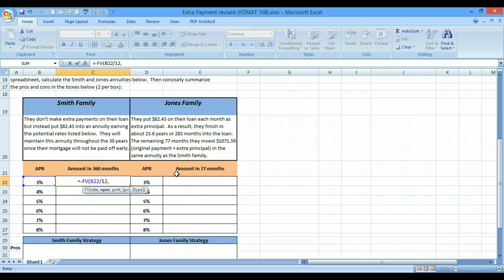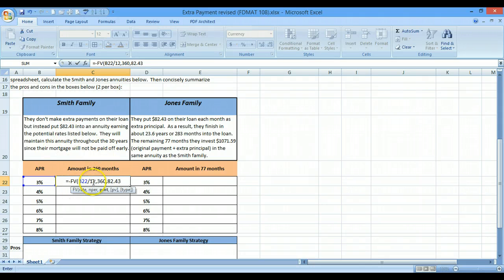Number of periods for the Smith family, they're investing for the full 360 months for their entire loan. Their payment will be the same for both, $82.43. There is no present value and there is no type.